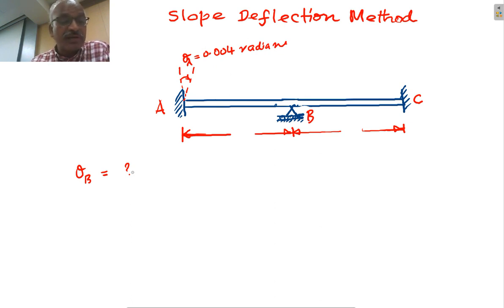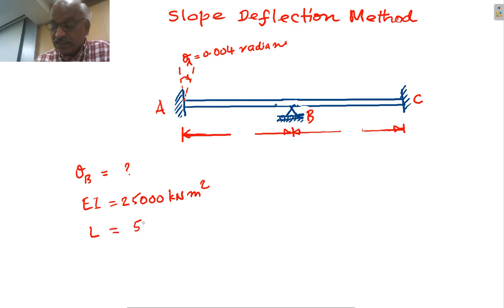Then the flexural rigidity EI is given as 25,000 kilonewton square meter, and the span L equal to 5 meters. Determine the moments in kilonewton meter, that is, MAB, MBA, MBC, MCB. Determine the moments in the two spans and draw the bending moment diagram. So that is the question. Theta B is required and the final moments are required.